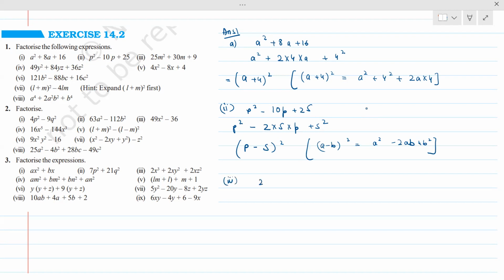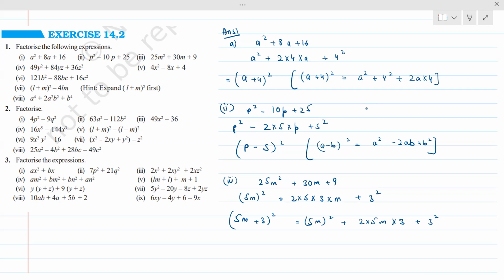How can we make the third part now? 25m square plus 30m plus 9. So it will be 5m whole square plus 2 into 5 into 3 into m plus 3 square. So we can see that it is 5m plus 3 whole square, right? Because it is like 5m square plus 2 into 5m into 3 plus 3 square, which is the same. This is how we can make the identities using the questions.